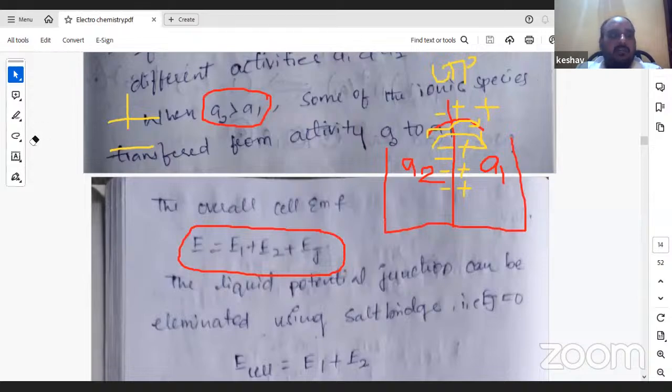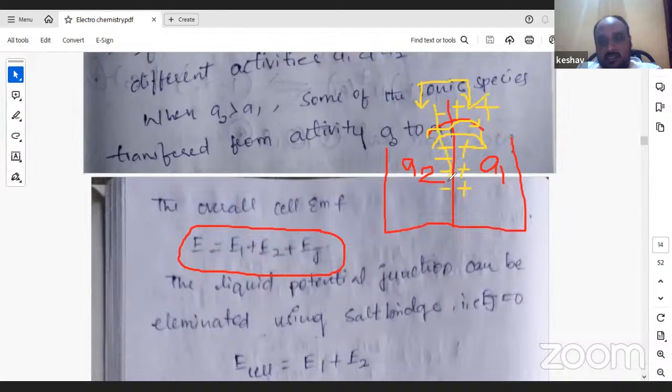The LJP, liquid junction potential, can be eliminated by using a salt bridge. What is the role of the salt bridge? If you connect the salt bridge here, what will happen? The salt bridge consists of both positive and negative ions. All these ions will be neutralized.